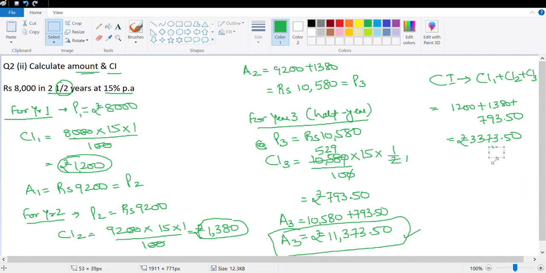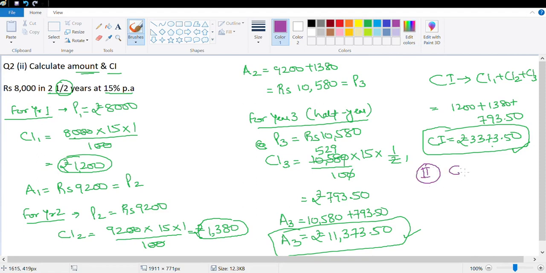3 in this case, whatever is the compound interest for whatever is the term for the question in mind. So here, that's our answer. There is a method 2 that you can use. Method 2 would be compound interest is equal to amount minus principal. In this case, our final amount was 11,373.50 minus, in this case, the principal.